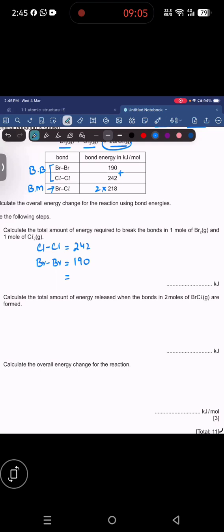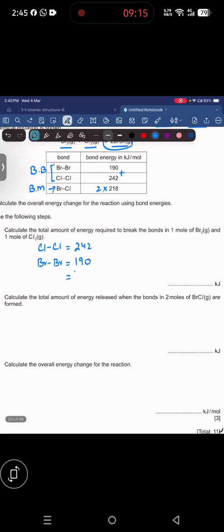The answer is 432. Now for bromine monochloride, 2 moles, so 2 multiplied by 218. The answer is 436.